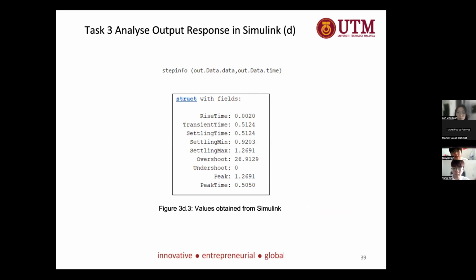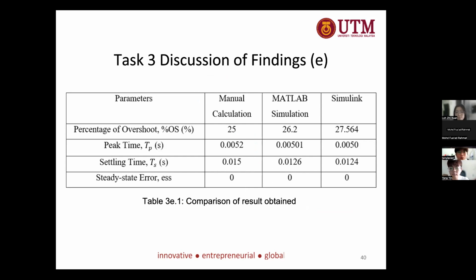For information, it's 0.5124 here because we set the time step to 0.5. So the settling time should be 0.0124. That's it. Next. From all the results we get, it can be said that they are accurate and similar, and the design met our expectation.